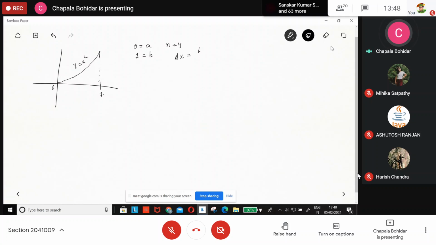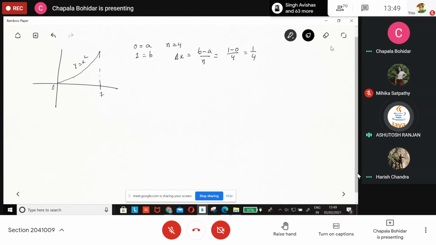Del x is equal to (b minus a) by n, that is 1 minus 0 by 4, equal to 1 by 4. Having equal width. All of you clear here?